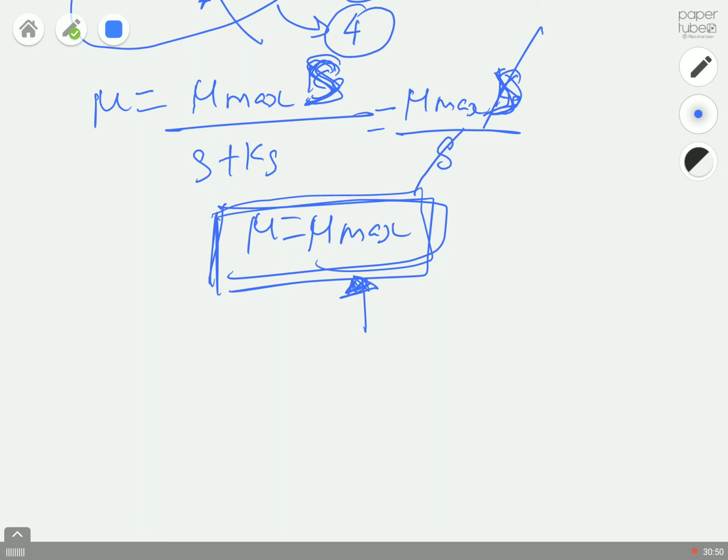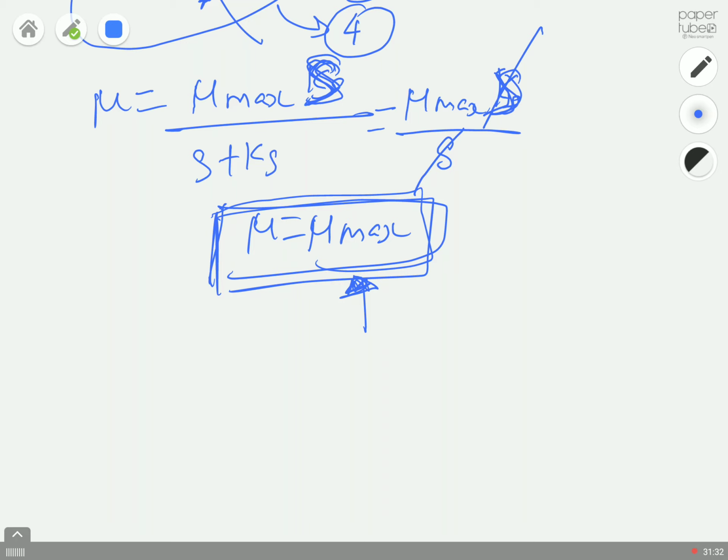One is when your growth rate is equal to half of its maximum specific growth rate, then your substrate concentration will be equal to Ks. The second condition is the one I just showed you: when your substrate concentration is much higher than the Ks value, or the Monod constant, then your specific growth rate will be equal to the maximum specific growth rate of the microorganisms. So these are the two limiting conditions of the Monod expression.